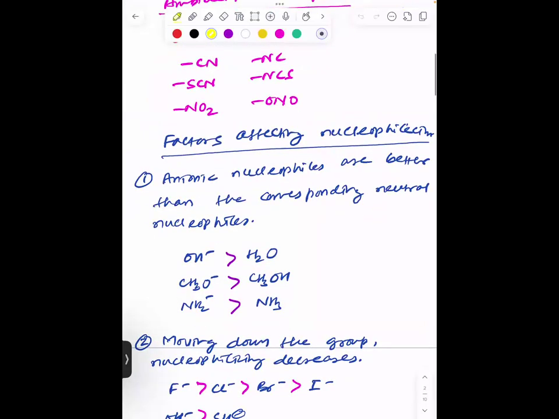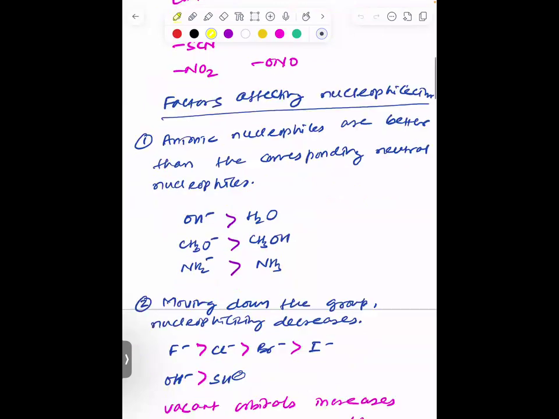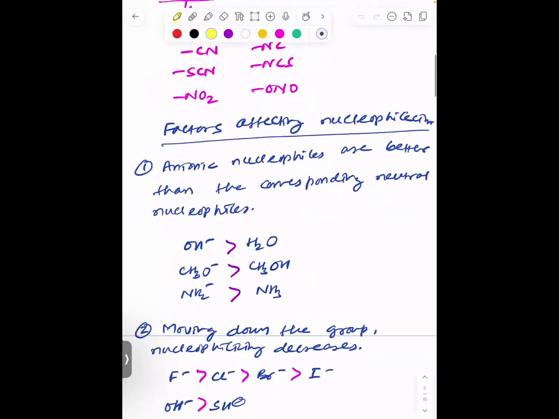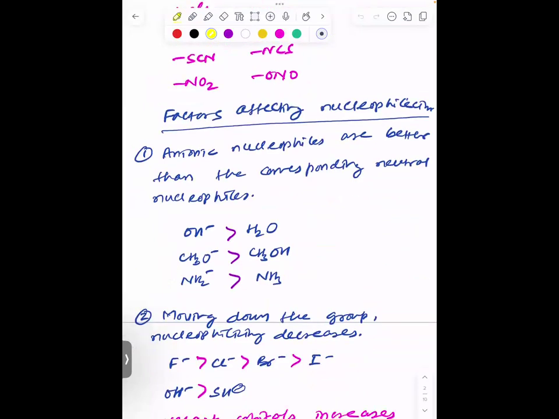Yes, factors affecting nucleophilicity. First of all, what is nucleophilicity? Nucleophilicity means the rate of attack of the nucleophile on the electrophilic carbon. The rate of attack of nucleophile to the electrophilic carbon is known as nucleophilicity. Why does it attack the electrophilic carbon?